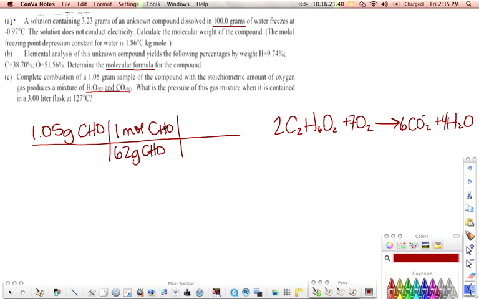So I'm in moles of CHO right now, so for every 2 moles of CHO, I'm going to get a total of 10 moles of gas, because I'm going to get 6 moles of carbon dioxide and 4 moles of water. So total moles of gas is 10.